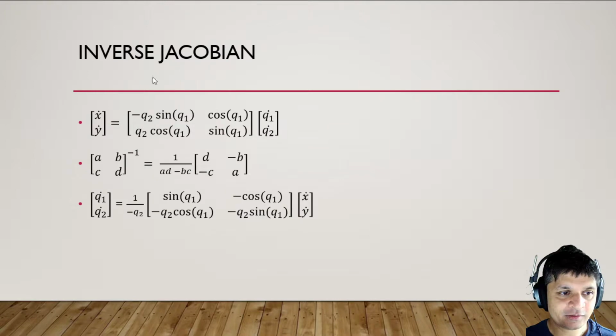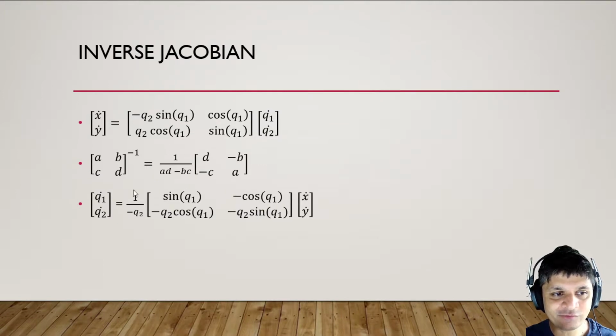Okay, but so what we had in the previous system when we were working in the forward direction is x dot, y dot equals this thing, which was the linear velocity Jacobian times q1 dot, q2 dot.